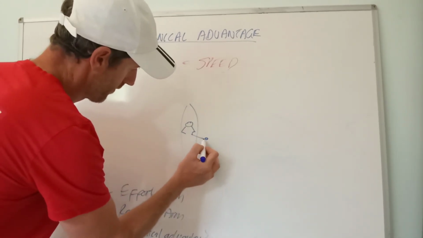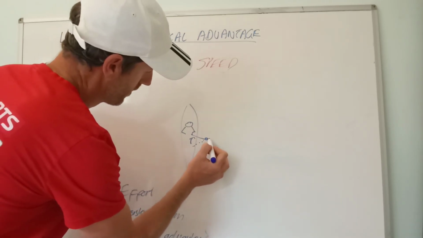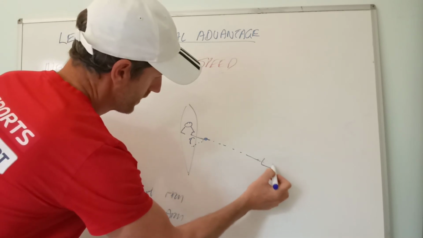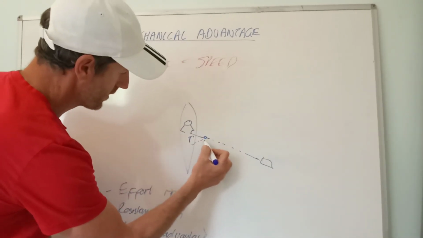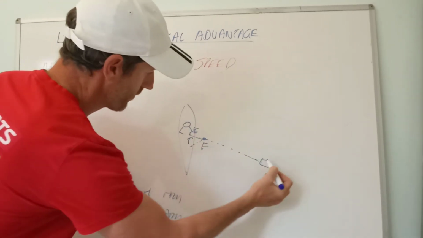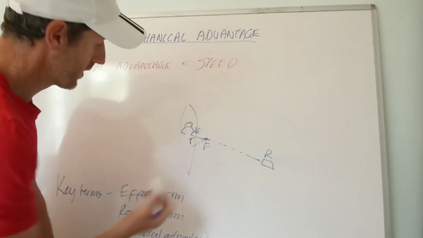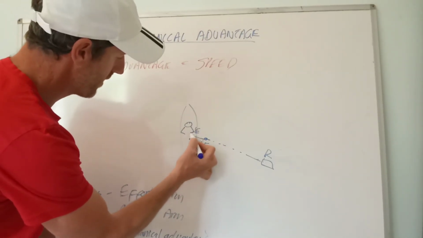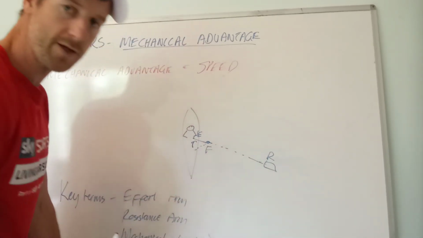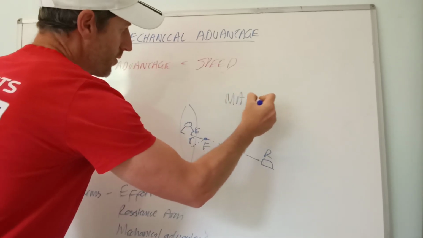So he's just pulled it from there to there, and the oar is in the water there. Now what you've got here is the fulcrum. The effort is him pulling, and then you've got the resistance, the water, and the length of the oar. So when he creates the effort and pulls there, you've got a short effort arm and a long resistance arm. That should mean mechanical advantage equals speed.